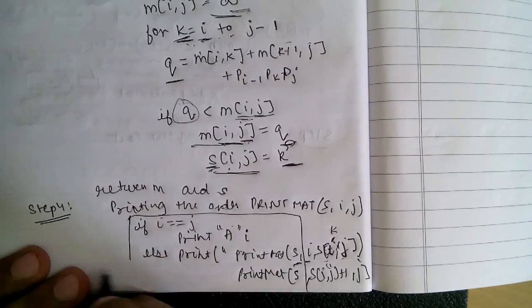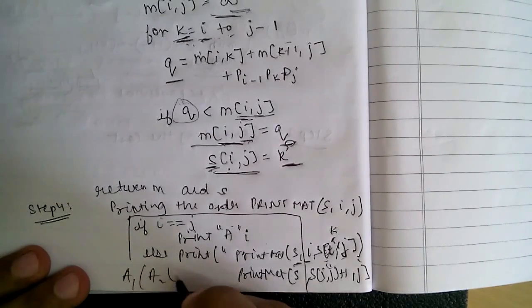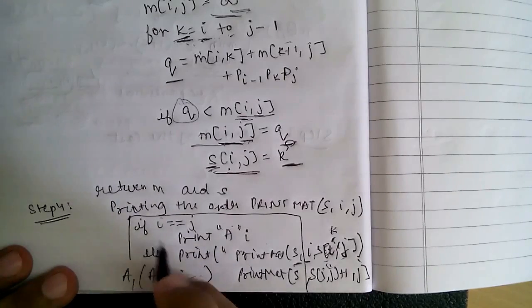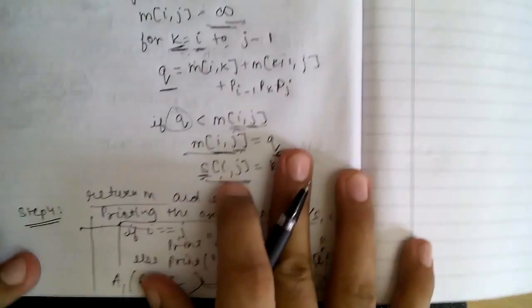So it will recursively print something like A1 A2 wherever there are brackets. In this way we will get the actual order of multiplication.